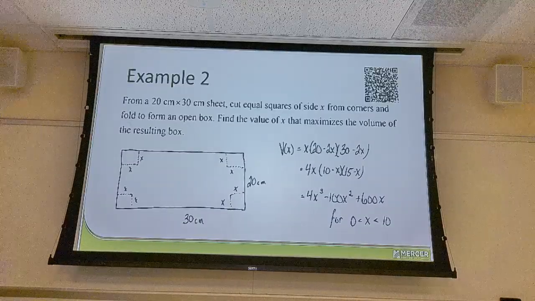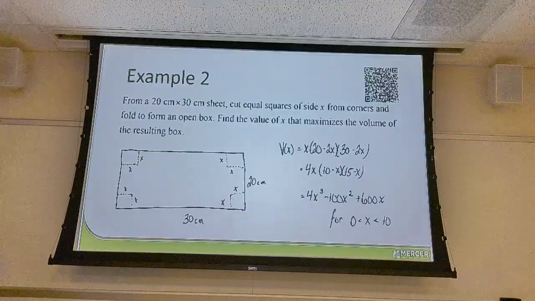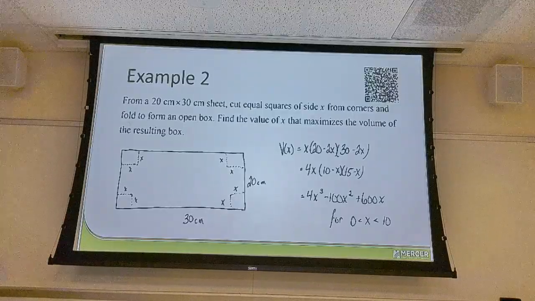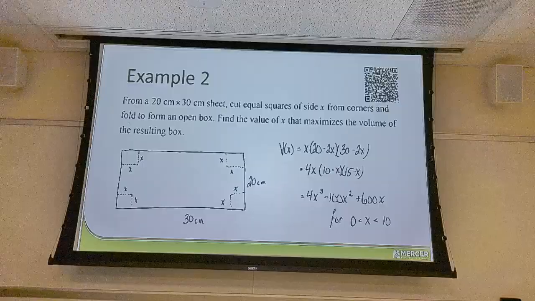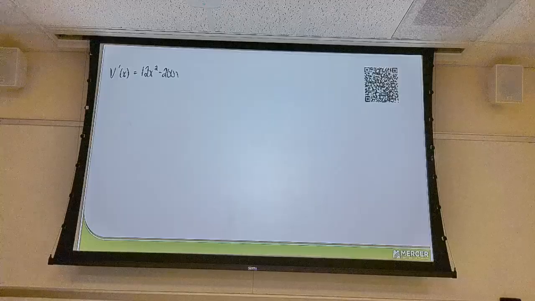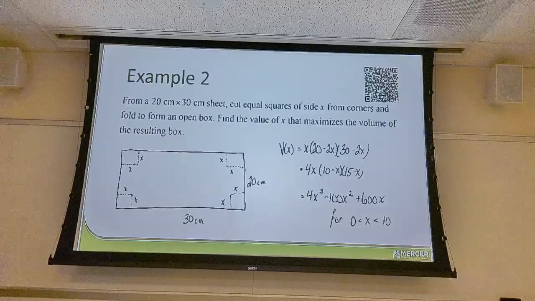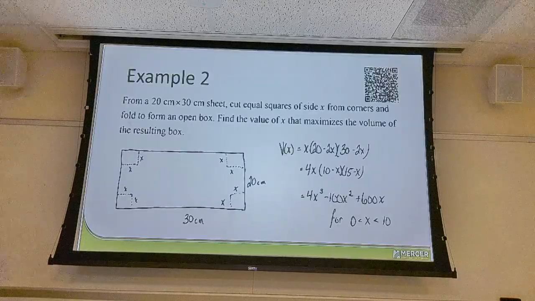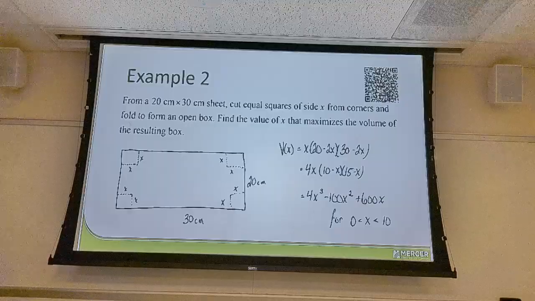Derivative. Oh, this was easy. 12x minus 200. Check your powers. 12x squared minus 200x, plus 600. Is there anywhere that is undefined?